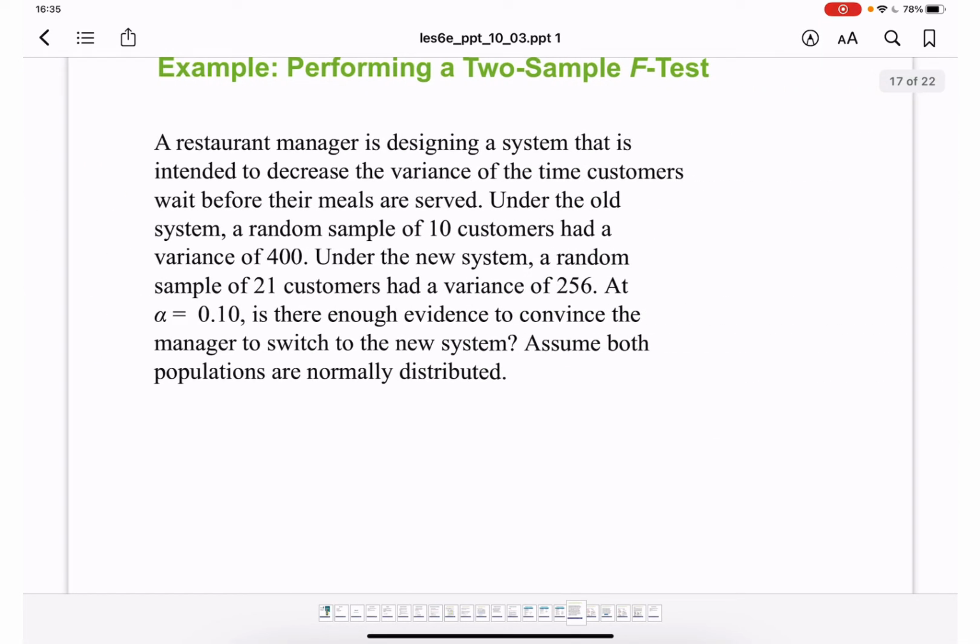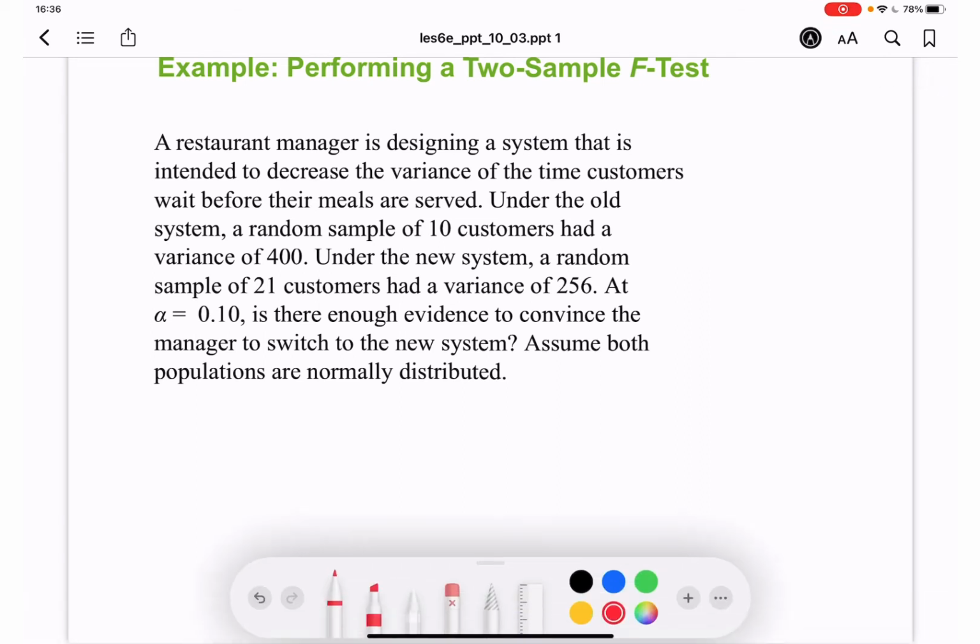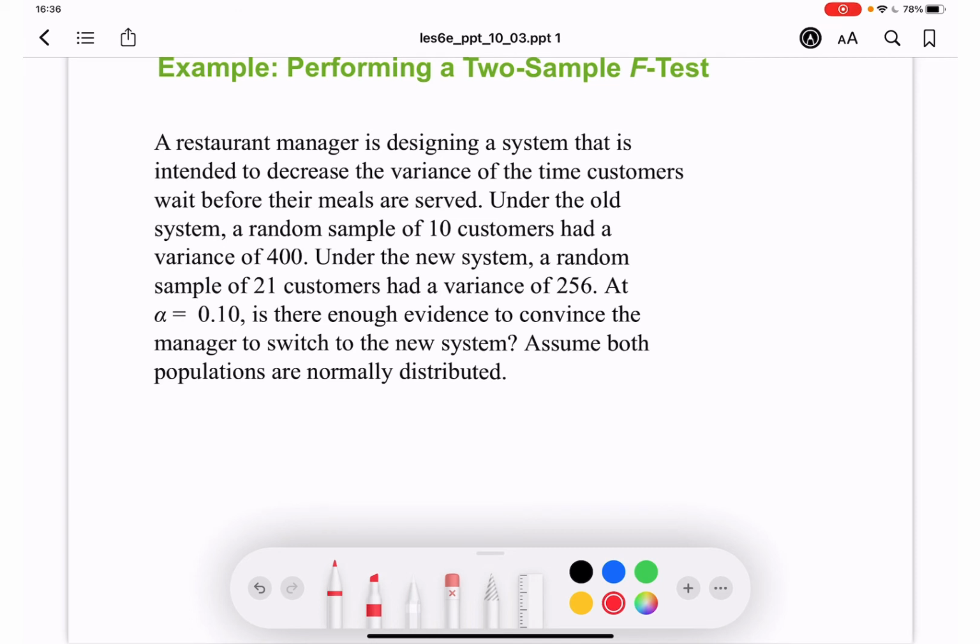All right, here is an example, performing a two-sample F-test. A restaurant manager is designing a system that is intended to decrease the variance of time customers wait before the meals are served. Very important thing for restaurants, right? If customers get tired of waiting, they can move to the next restaurant. Under the old system, a random sample of 10 customers had a variance of 400.